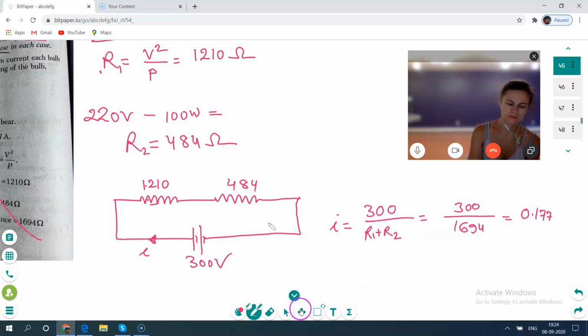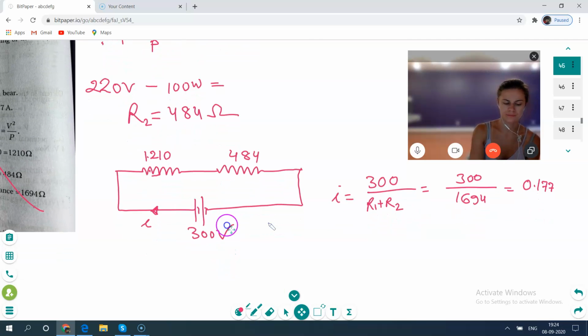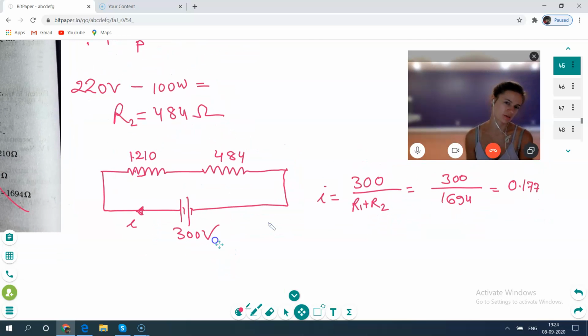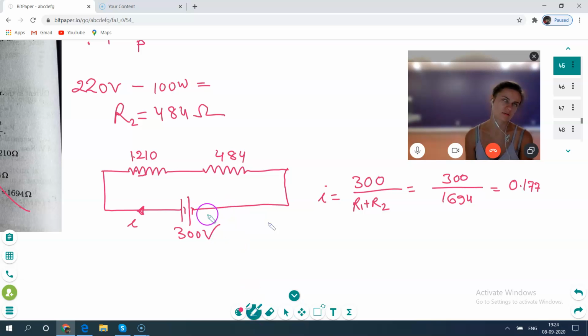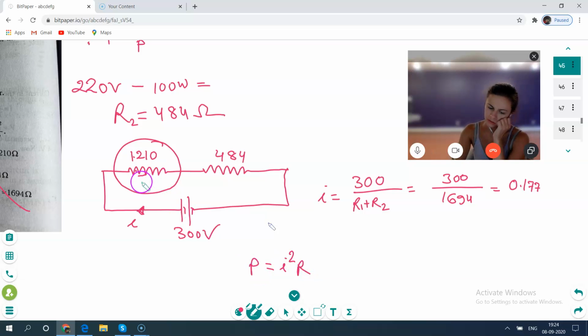Is it clear? Yeah. Okay. And then what do I find? I need power, to see how much power. Power means I square R. For P1 and P2, I square R2.